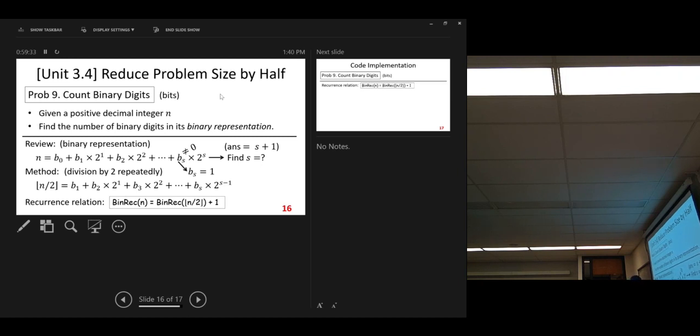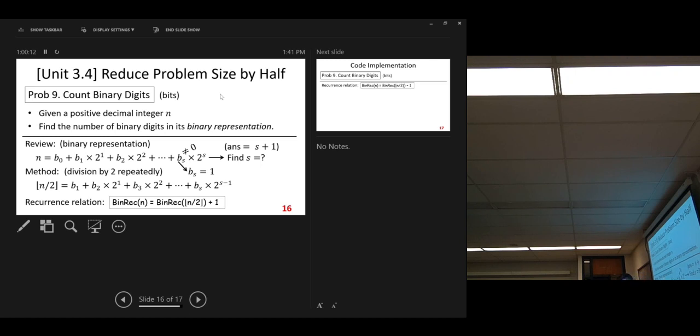This function gives us the number of bits for n. After this division, we get the same problem but of smaller size, floor of n over 2. So we still call the same function, a recursive call, but the difference in the number of bits is 1. You had b0 and now you don't have b0. So the difference is 1, and that's why we have this recurrence relation.